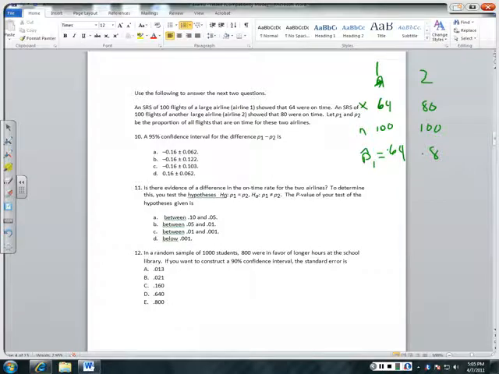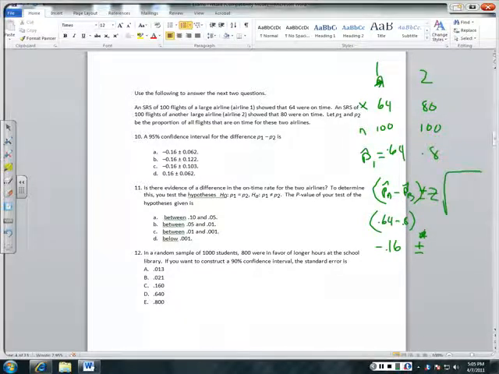So remember, our statistic is going to be p-hat A minus p-hat B. That's going to be 0.64 minus 0.8. That's minus 0.16. So plus or minus z times the standard error.